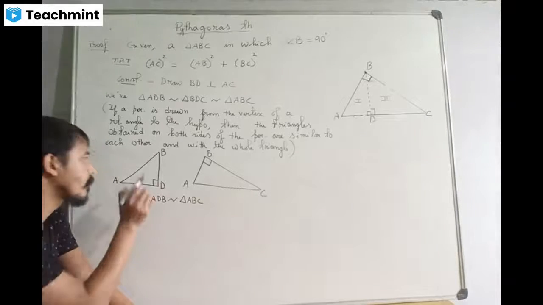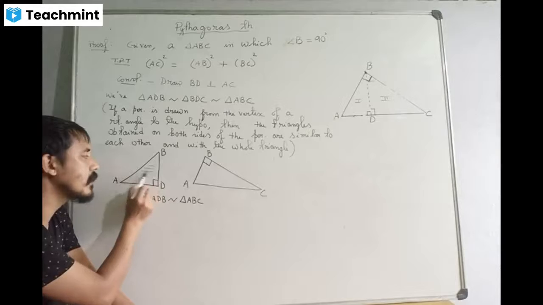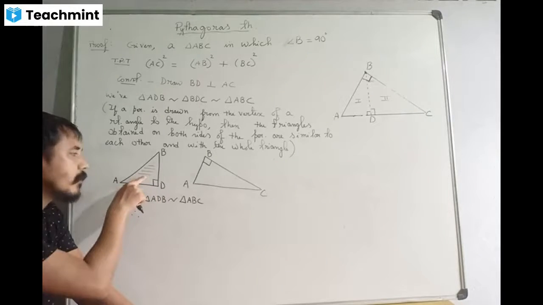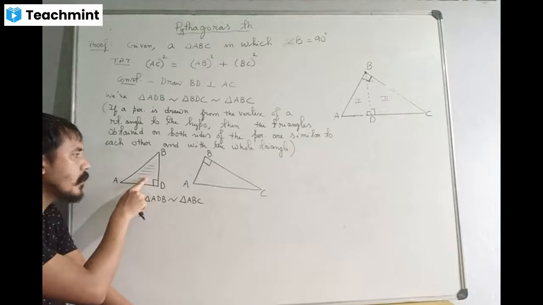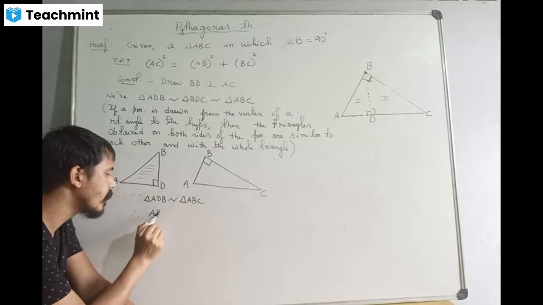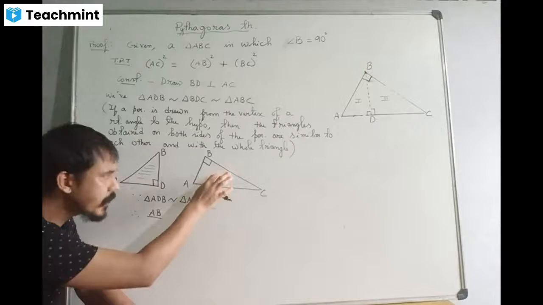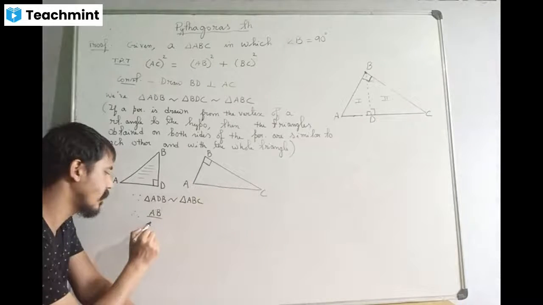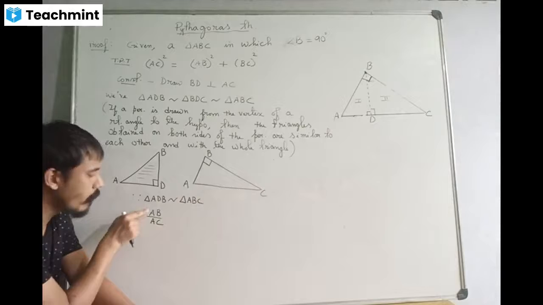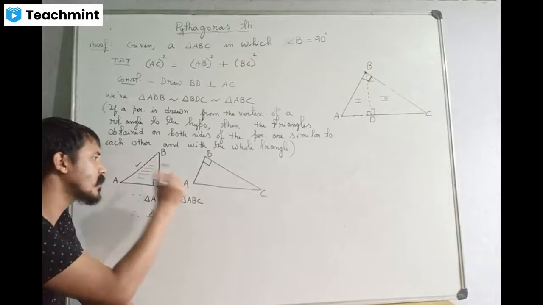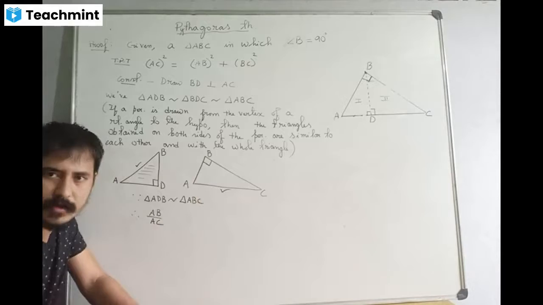Therefore, from this triangle, if we take the hypotenuse, that is AB, then from the other triangle, I need to take the hypotenuse, AC. So see, ratio of their corresponding sides. Hypotenuse will always correspond with hypotenuse.